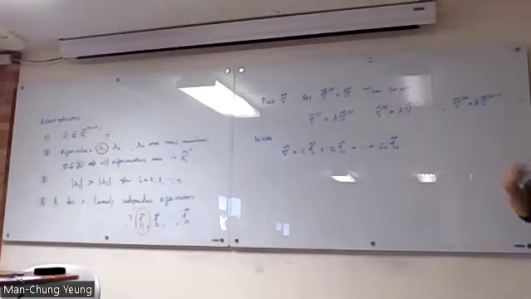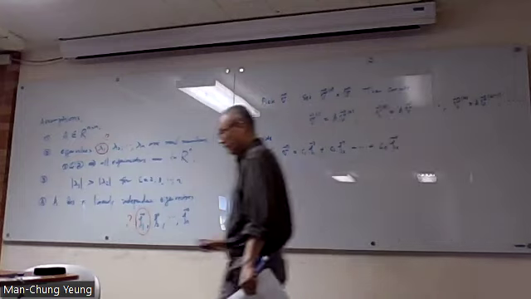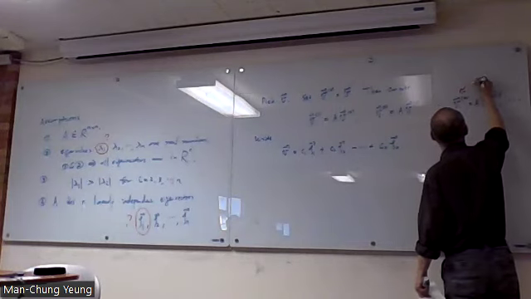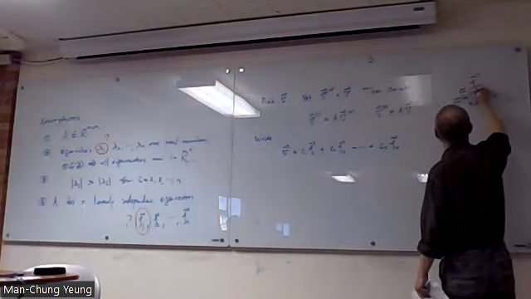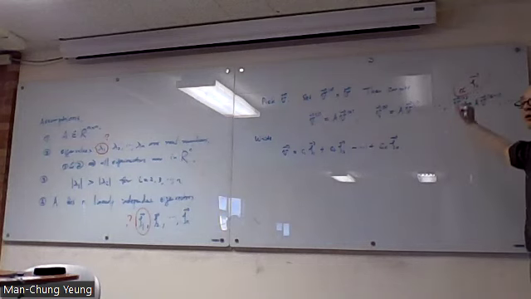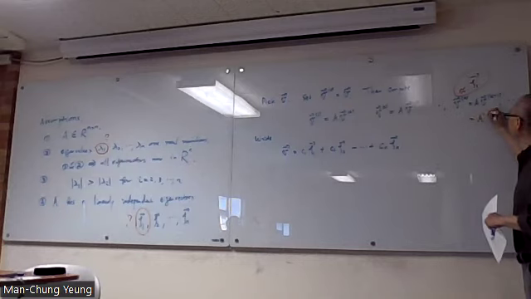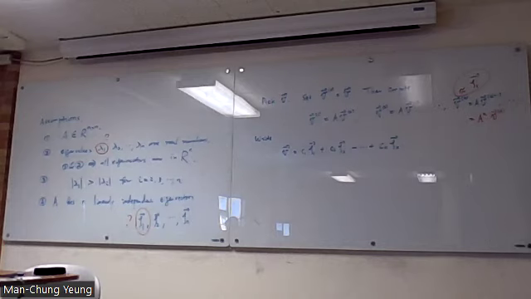Now a claim: as k is large enough, Vk is very close to a multiple of psi 1. This is what I want to show you. What is Vk? Vk is A to the k times V0.